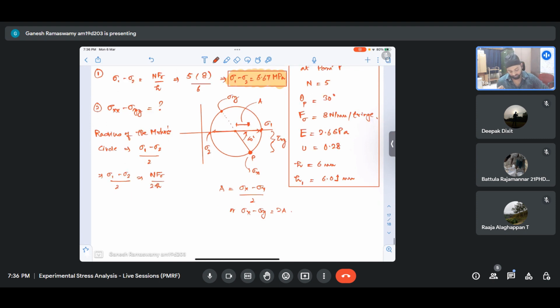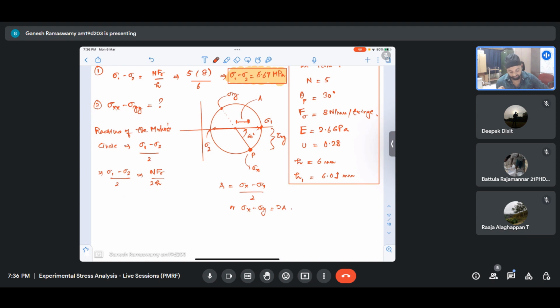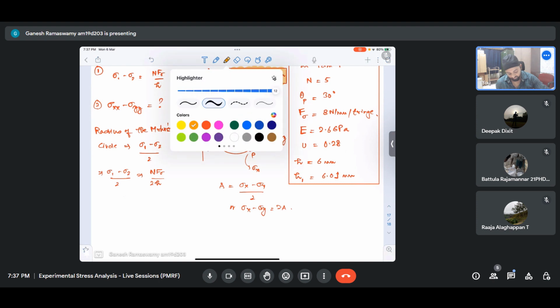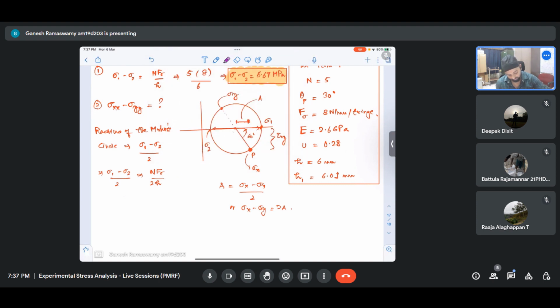So I can see that sigma 1 minus sigma 2, I know, is n f sigma by h, which implies that this distance I know now. So now I know that n f sigma by 2h is the radius of that.